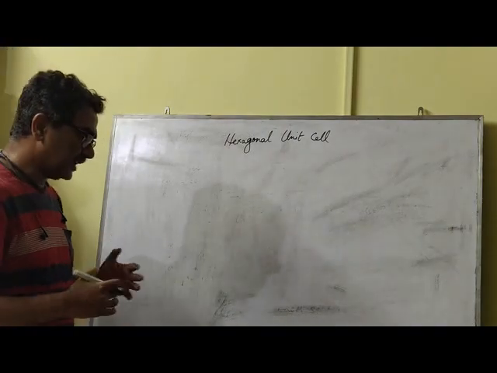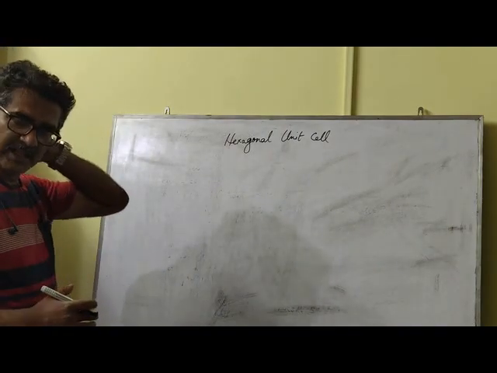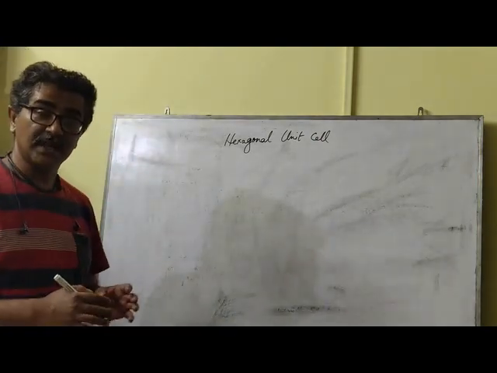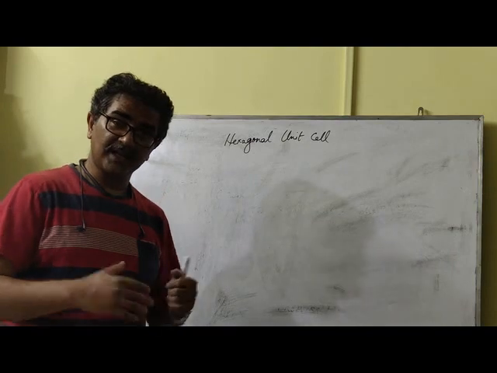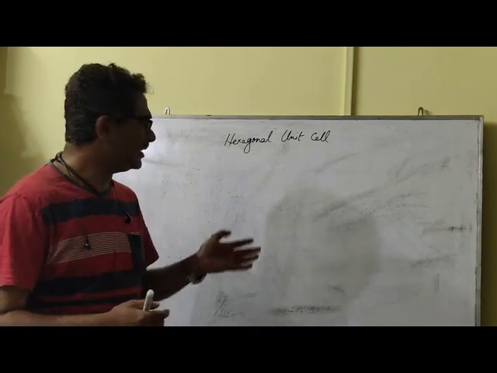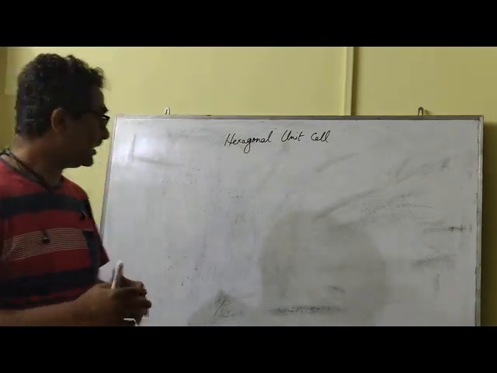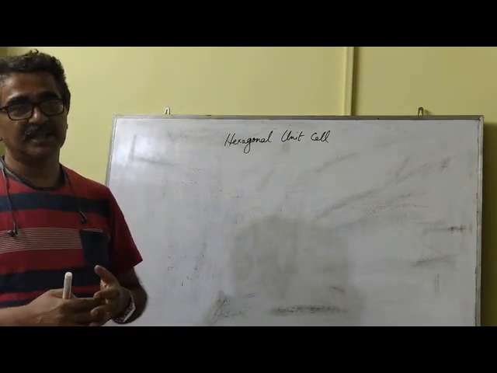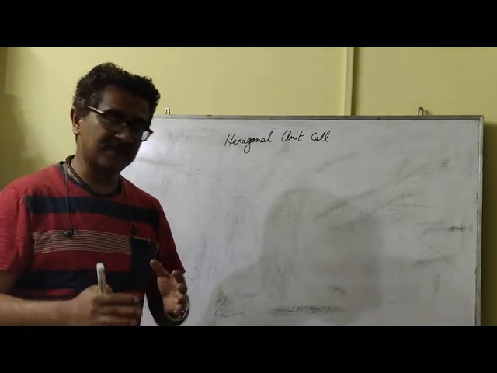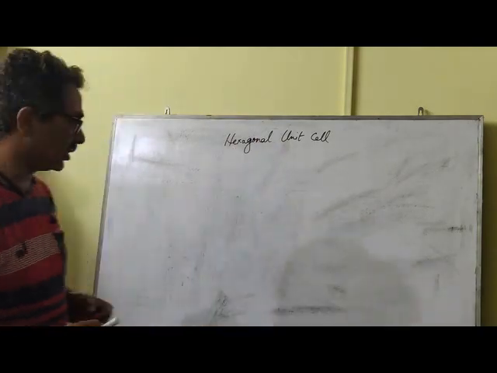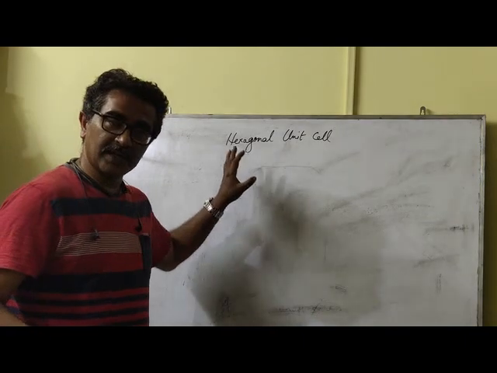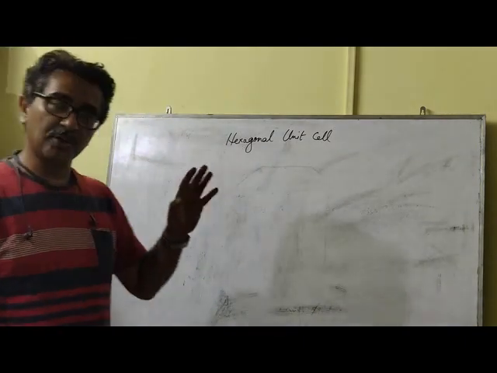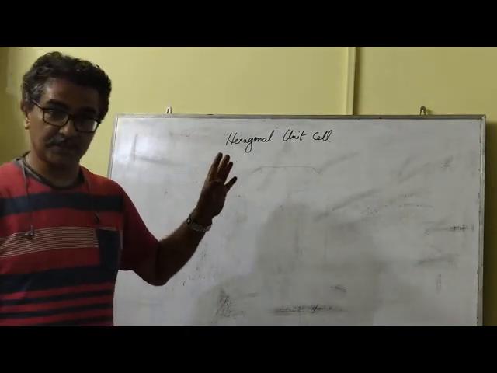So before getting into anything, first of all, let me draw the hexagonal unit cell, and then slowly I'll explain the arrangement of the atoms and the total number of atoms present in such a unit cell, that is, the hexagonal unit cell.